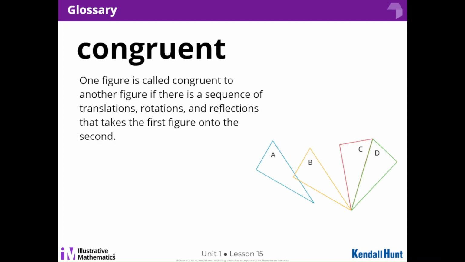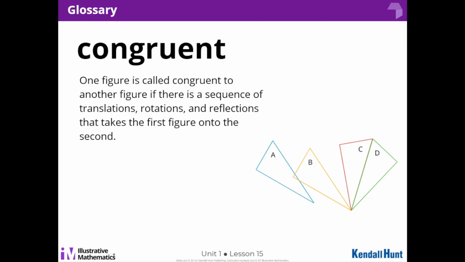Next, we have congruent. If we have congruent shapes, then the big thing is that the side lengths will be the same and the angles will be the same.